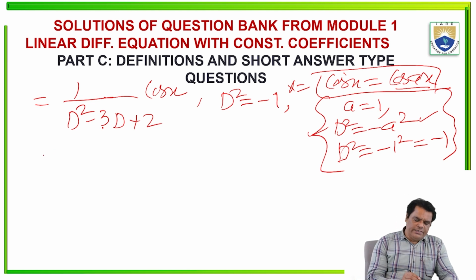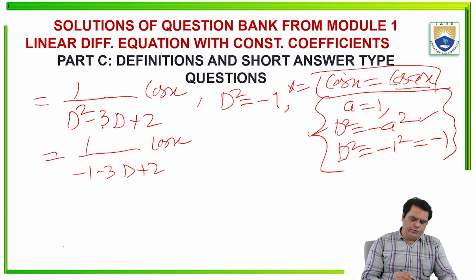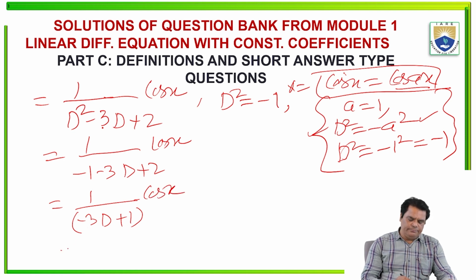So here I am putting the same result: 1 upon minus 1 minus 3D plus 2 into cos x. Okay, so here it is 1 upon minus 3D plus 1 into cos x. Taking minus common, we get 1 upon 3D minus 1.